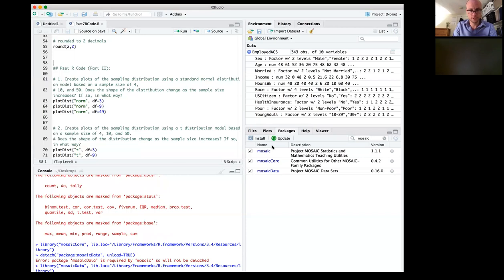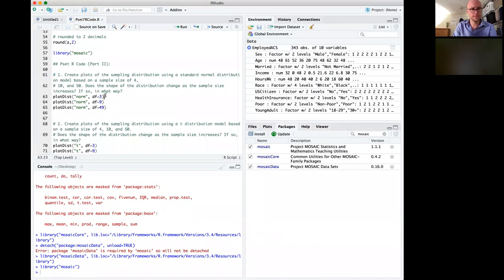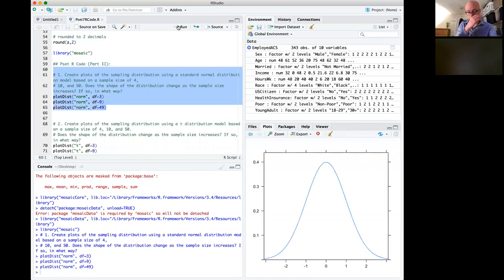Okay, just to be careful, I'm going to type in library Mosaic. It's complaining because I clicked on Mosaic data. I just want to make sure I got everything installed, and we're fine. Let's see if this plot dist function is going to be messy. Oh, okay, it's good.